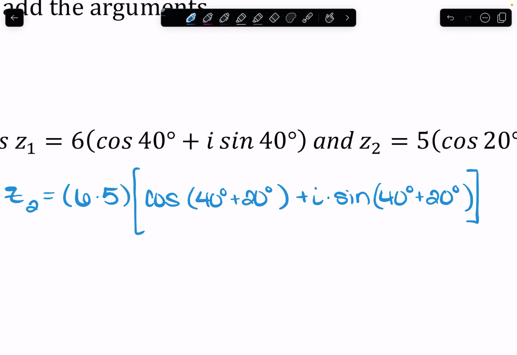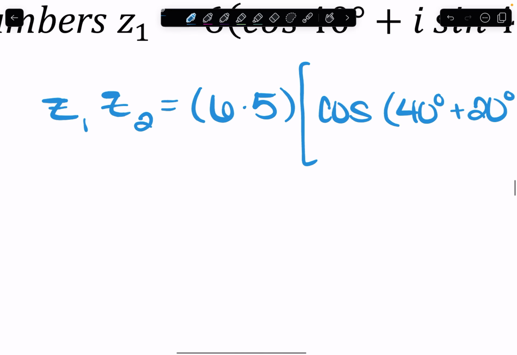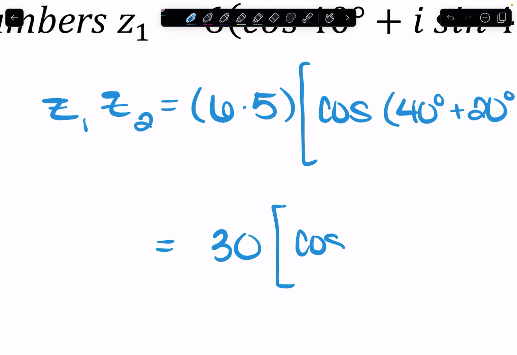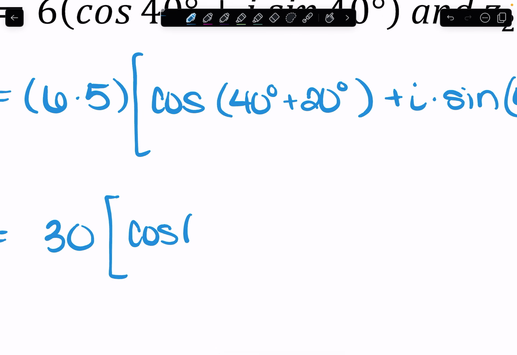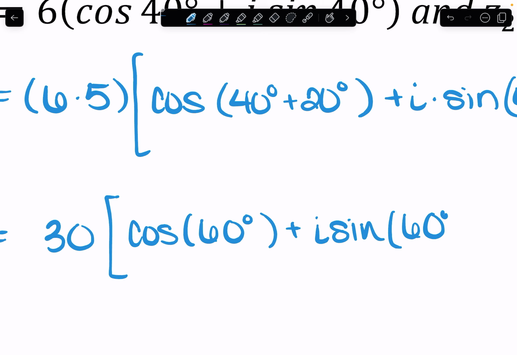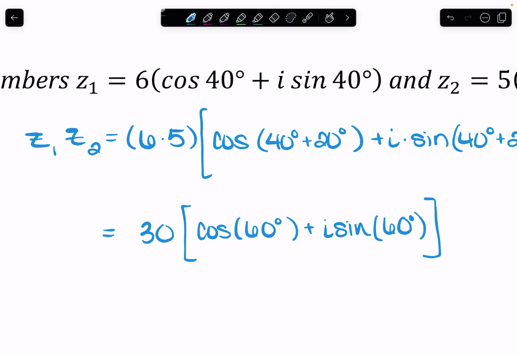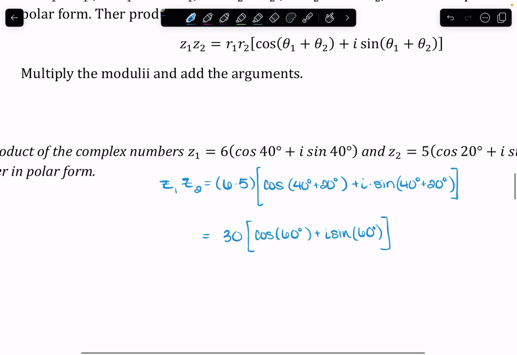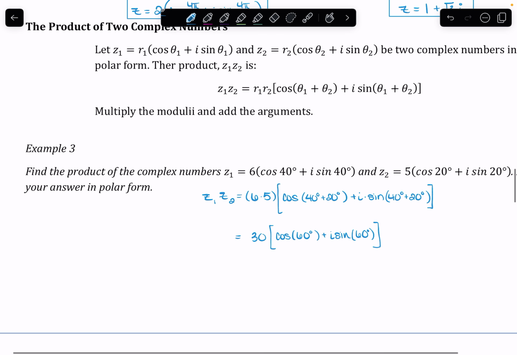Multiply the radii, add the angles. So that gives us 30 times the quantity cosine 60 degrees plus i sine 60 degrees. We don't want to keep going because it says to leave our answer in polar form. So we want to leave it just like this.